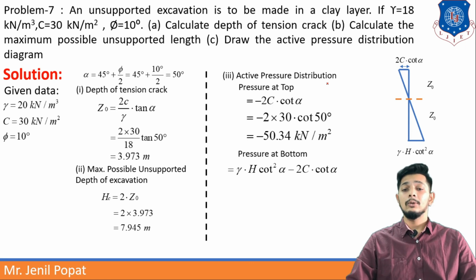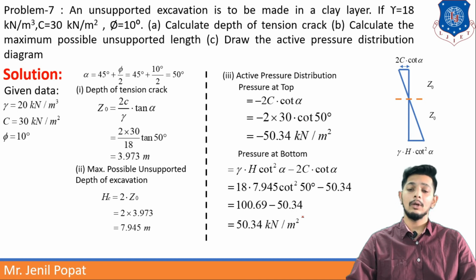Putting the values of gamma, H, alpha and C, I am getting pressure at bottom as 50.34 kN per meter square. Now if you want to plot active pressure distribution, you have to draw a diagram in the same shape and put the values of 50.34 negative at top and positive 50.34 at bottom. So this is how you can plot the active pressure distribution diagram.